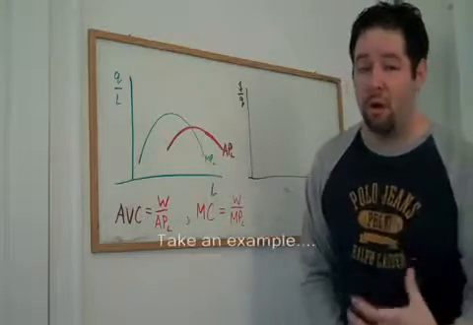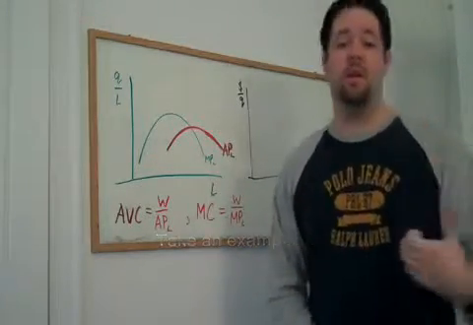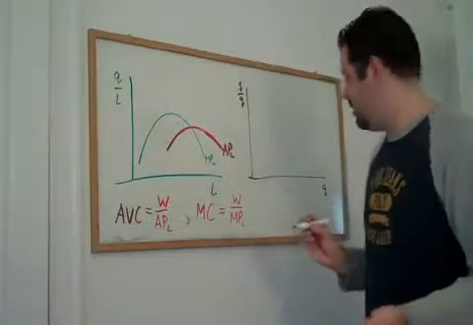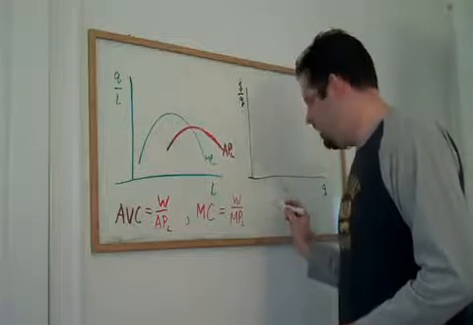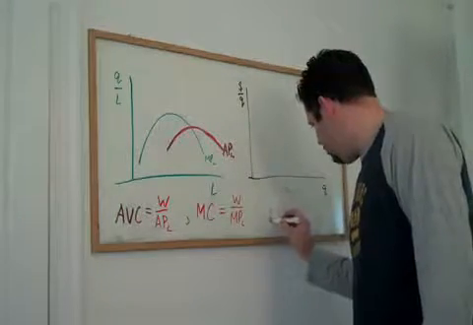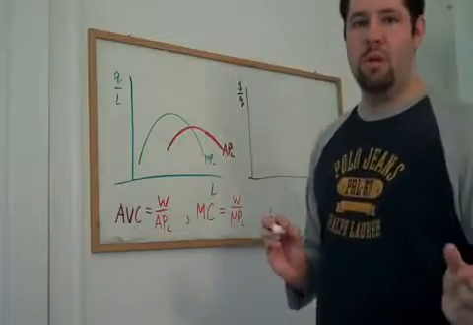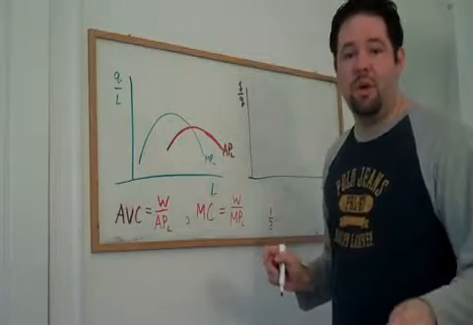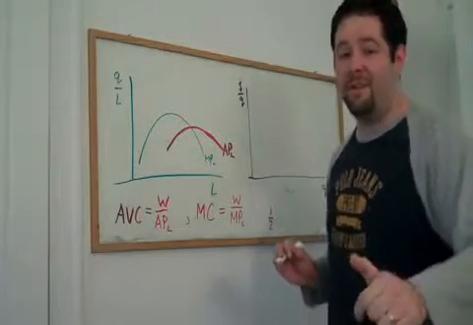Say we need to use 2 worker hours to produce 1 unit of output. That would mean that our marginal product of labor would just be 1/2. We need 2 workers to get 1 unit of output. That means that each additional worker produces 1/2 of a unit of output.